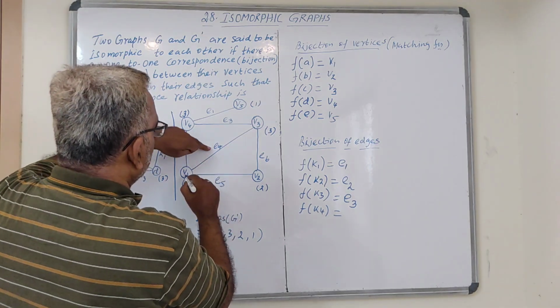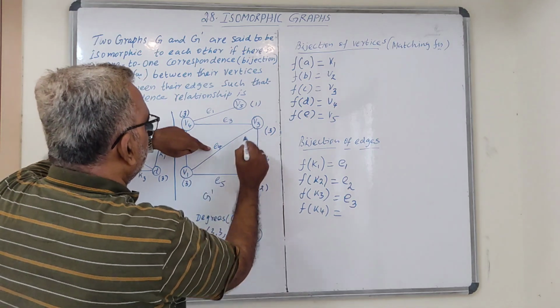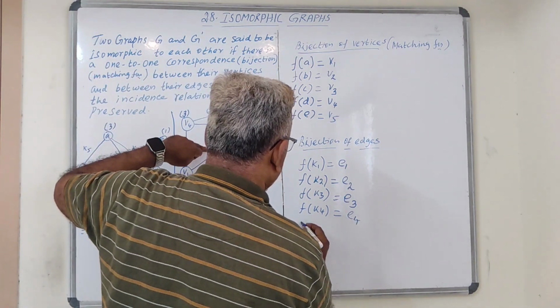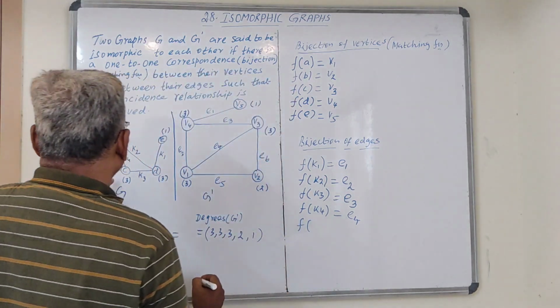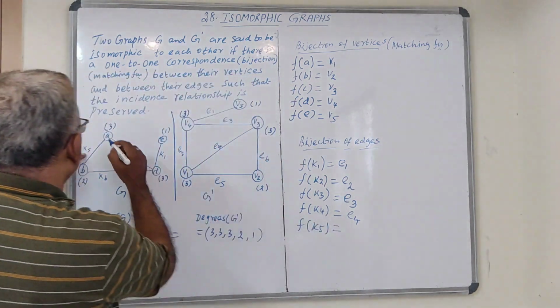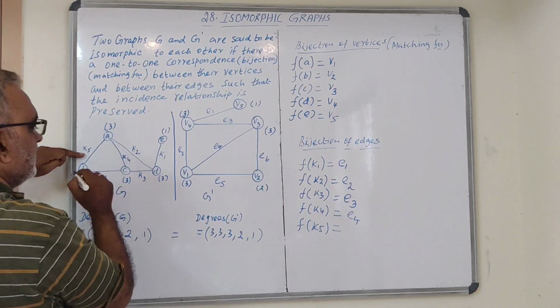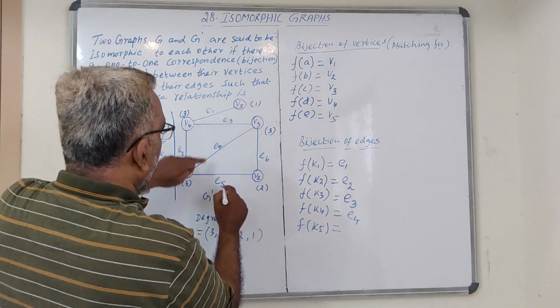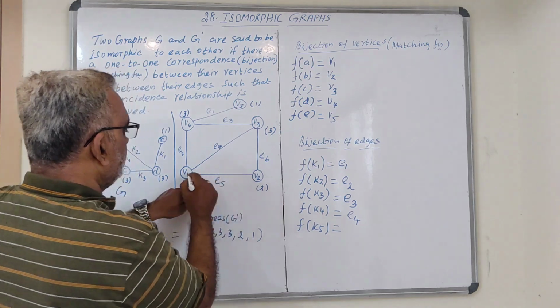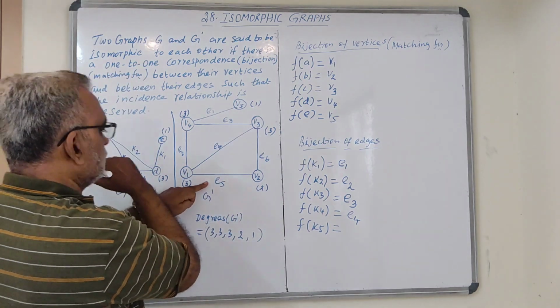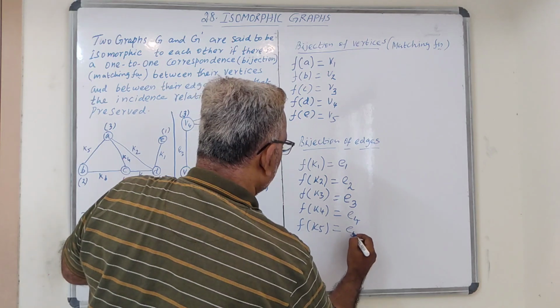E4 is connecting V1 and V3. The degrees are 3 and 3. So it is E4. Similarly, K5 connects the vertices A and B, the degrees are 3 and 2. Now take E5 connecting the vertices V1, V2, 3 and 2. So it is E5.